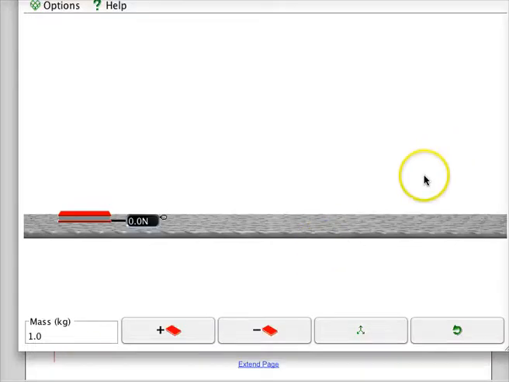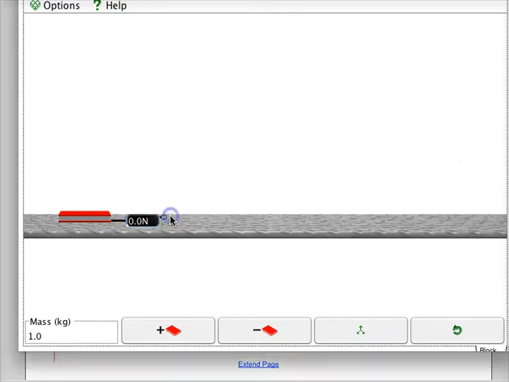Here I have one book and the Newton meter, and I can drag the Newton meter and record the force: 2.45 newtons to drag one book. It's telling me the mass of one book is 1 kilogram, and as we know, 1 kilogram multiplied by 10, its weight is approximately 10 newtons.